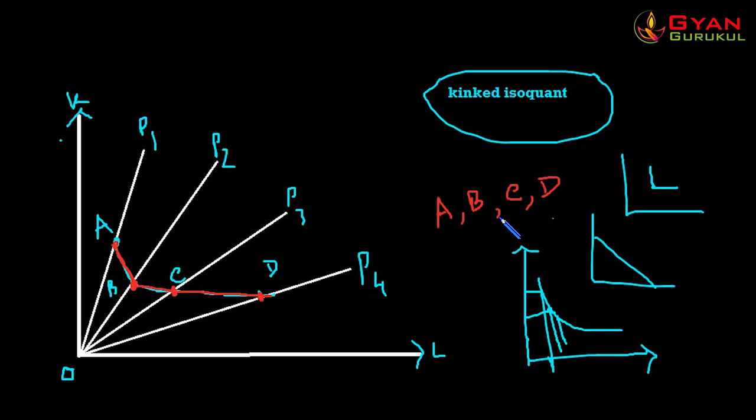And where there is limited substitutability, we got this kinked isoquant. In reality, we generally see that isoquants are like this, kinked. That is, in production, you cannot get a continuous range of substitution between the two factors of production. There will be some specific points here. Okay, thank you.